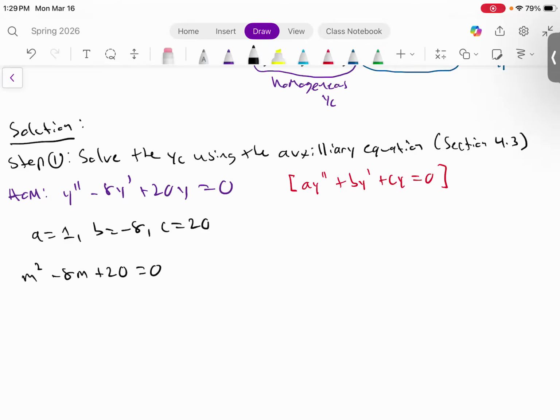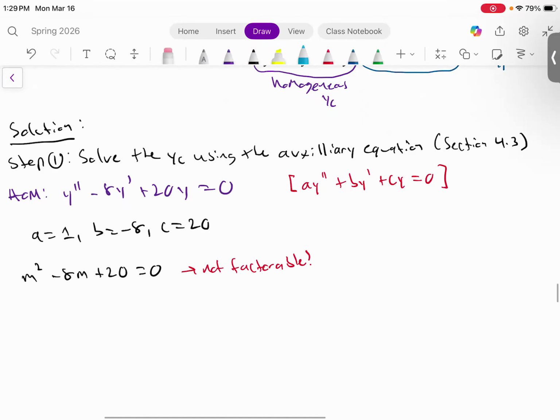This actually is not factorable. So what we need to do is use our good old friend, the quadratic formula.